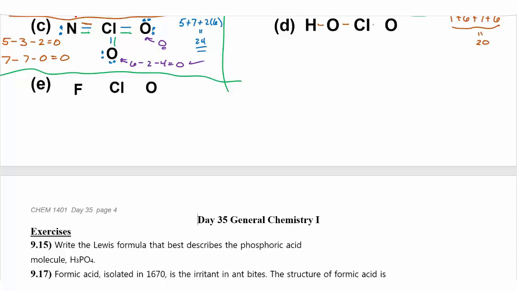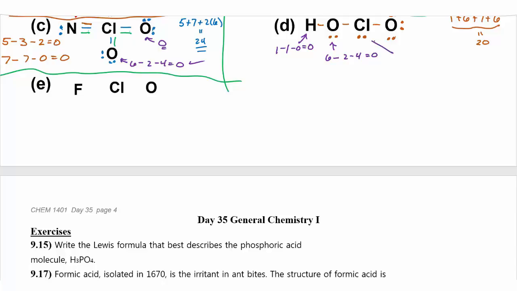So if we connect everything, make octets on the surrounding atoms, how many have I used up? 2, 4, 6, 8, 10, 12, 14, 16, 18, 20. If we calculate formal charges, 1 minus 1 minus 0, you get 0. That looks great. This oxygen, 6 valence minus 2 bonds minus 4 lone electrons, that's 0, so that looks good.